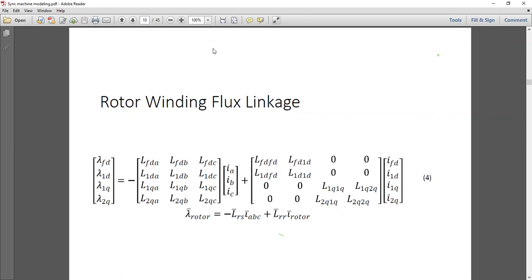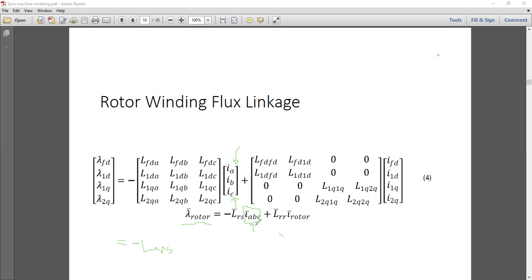We'll see how to write this again, because probably that is skipped in this slide. You can write it like minus LRS, then how do you write IABC in terms of IDQ0? We need IDQ0 here, because everything is transformed to DQ0 variables. In the first part of this rotor flux linkage, we have the presence of IABC. That means we have to transform this IABC into IDQ0.